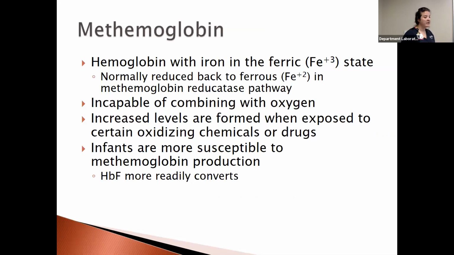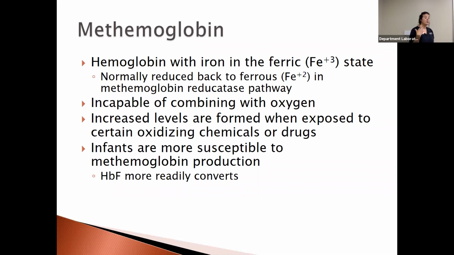So then we have methemoglobin, the hemoglobin with the iron in the ferric state. All right, so remember, our iron has to be in ferrous state in order to bind oxygen. So when the iron is in the ferric state, it's incapable of binding oxygen. And so you guys remember, we're going to go back to our glycolytic pathway or enzymatic pathway and the methemoglobin reductase pathway.